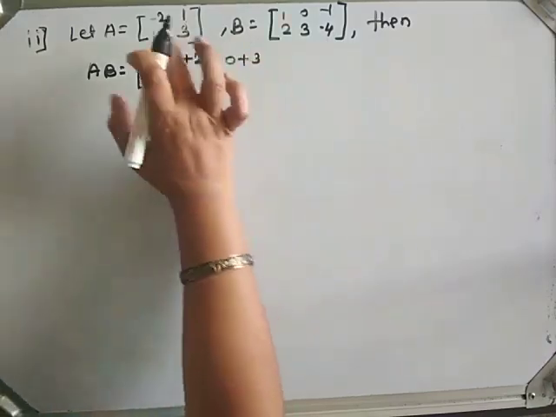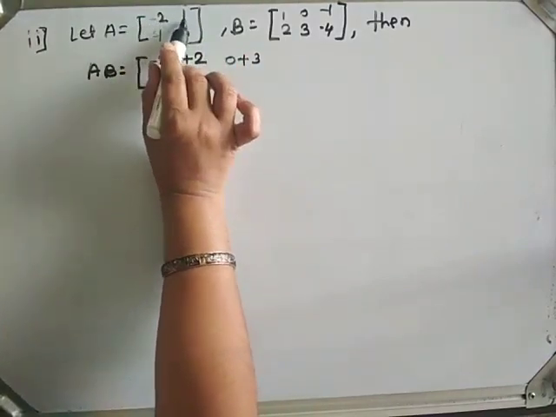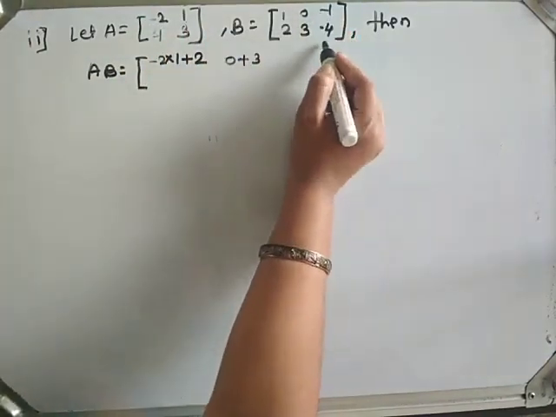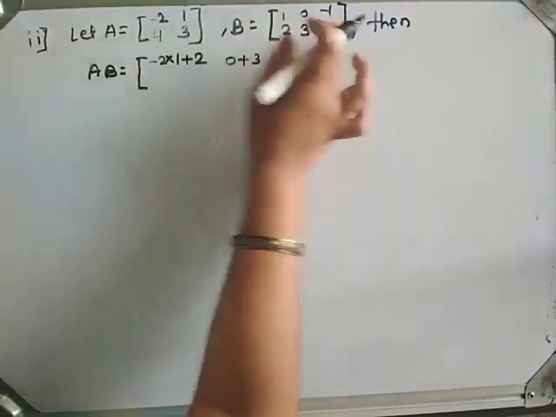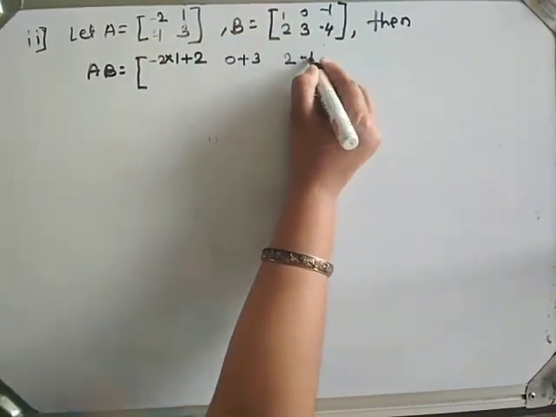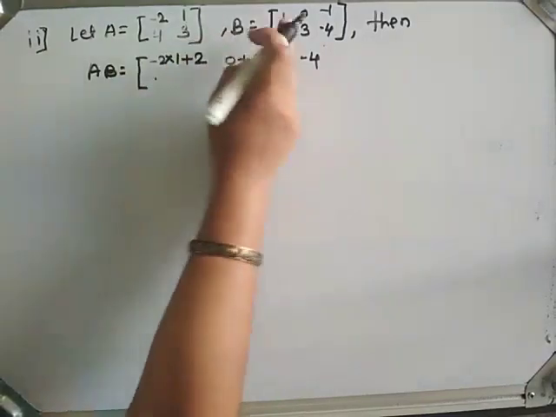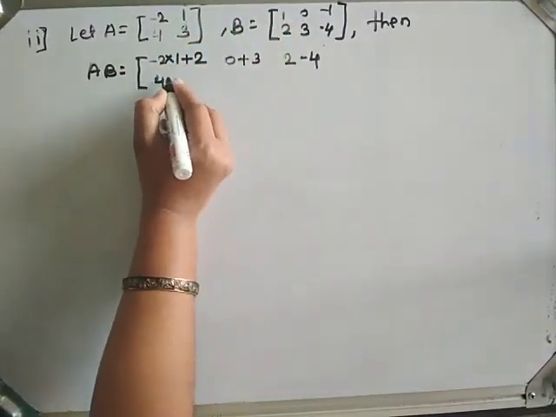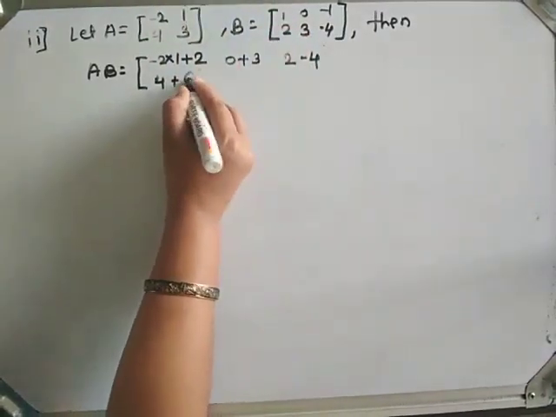For the next entry we have to multiply the corresponding entries of the first row of A and the third column of B. Minus 2 into minus 1 is 2, minus 4 into 1 is minus 4. For the next entry, 4 into 1 is 4, plus 3 into 2 is 6.